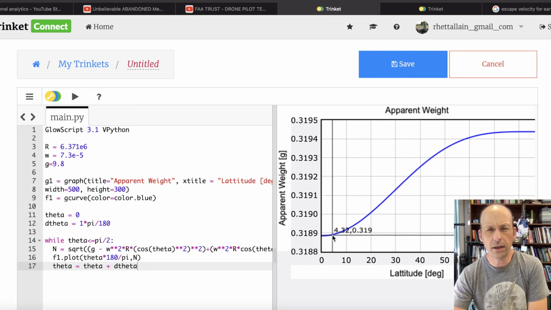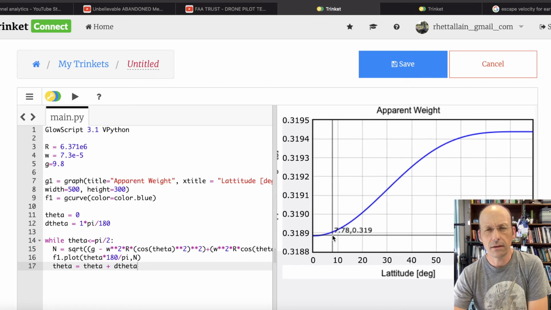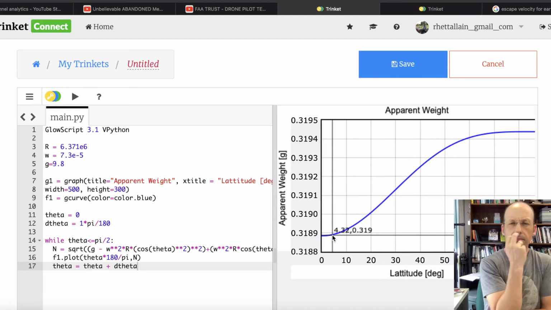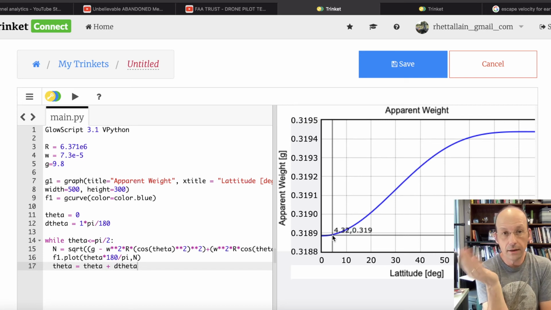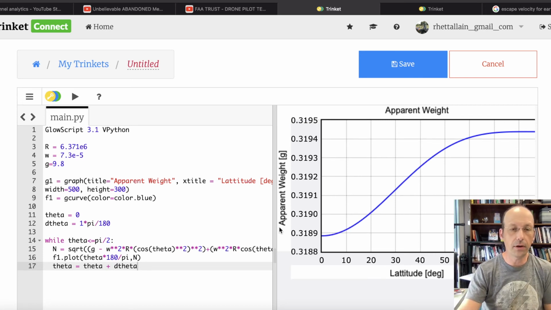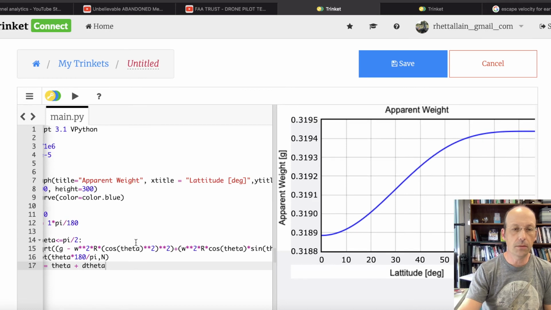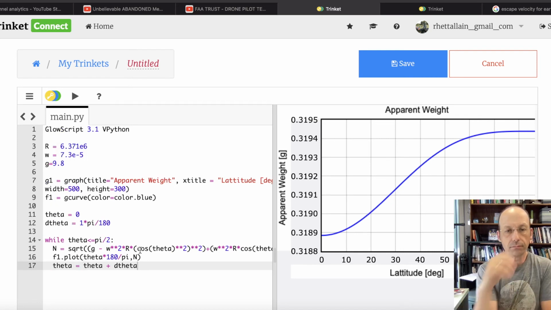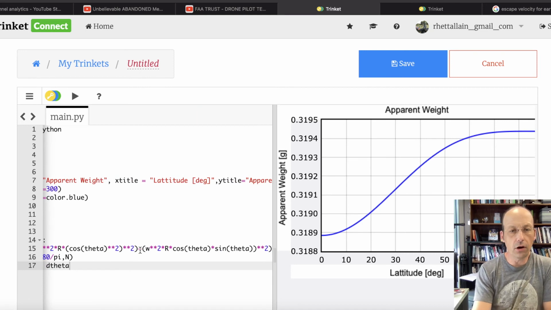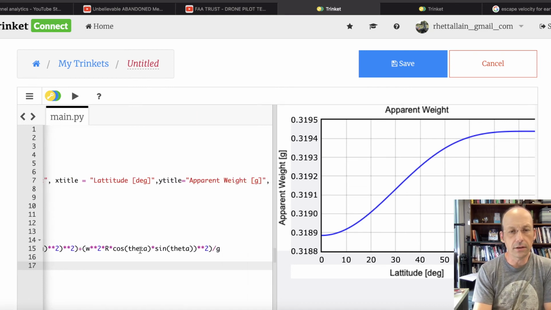So 0.3, that's not right. Right, because we know the apparent weight should be 1. So I just have a typo in here somewhere. G minus omega squared R cosine squared theta squared plus, that is a square root, omega squared R cosine theta sine theta squared.